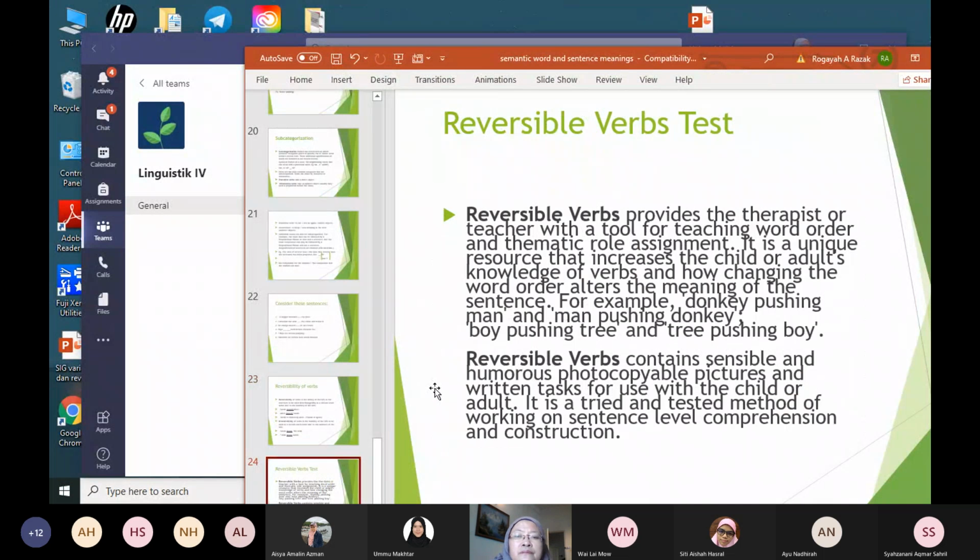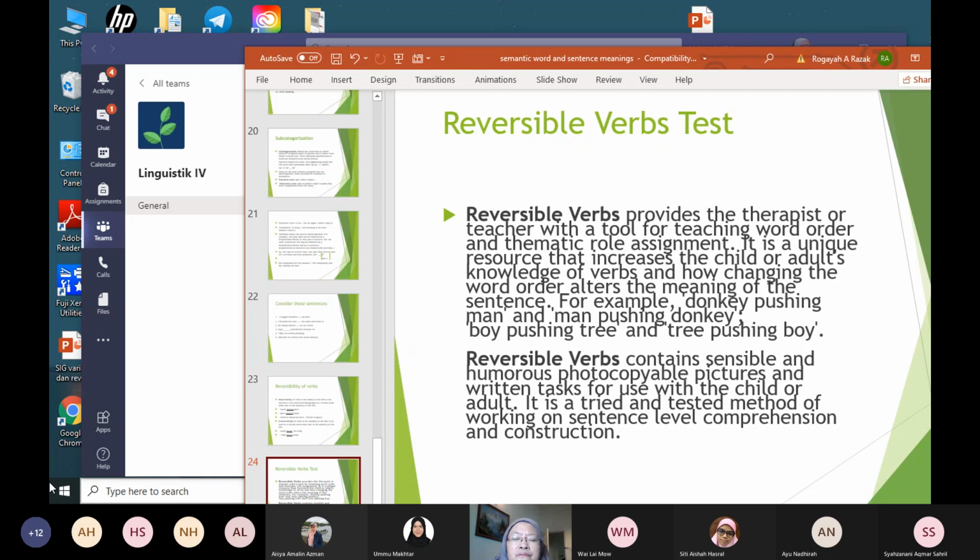Okay, so reversible verbs provide a therapist or teacher with a tool for teaching word order and thematic role assignment in patients with aphasia. It's a unique resource that increases the child's or adult's knowledge of verbs and how changing the word order alters the meaning of the sentence. So for example, donkey pushing man and man pushing donkey, boy pushing tree and tree pushing boy.